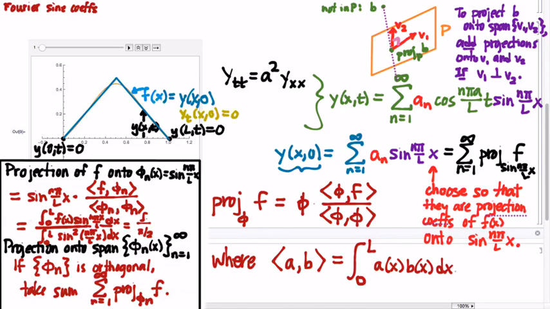They're defined by a sub n is equal to, I'm going to take the division by pi over 2 in the denominator and just flip it to make it a multiplication by 2 over pi, multiplying the integral from 0 to L of f of x sine of n pi over L times x dx. That gives us the Fourier sine coefficients of f of x on the interval from 0 to L.